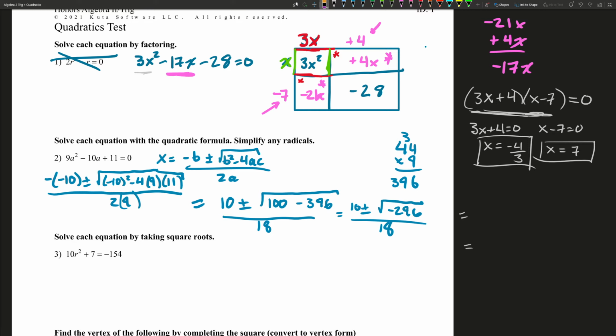Sorry, I haven't seen this problem yet, so I didn't actually look at it. 296. Okay, so we can factor out a 4.